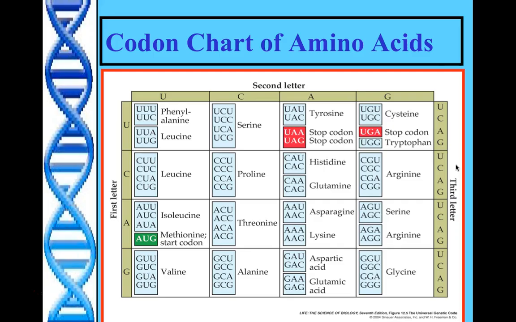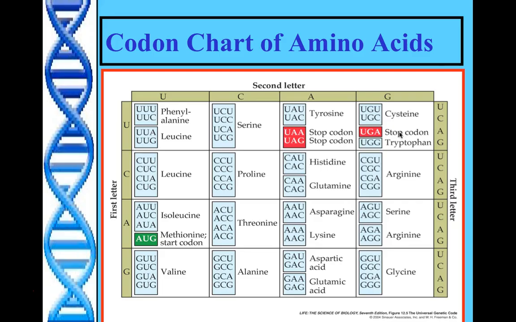We can almost think of this like you have a Spanish to English dictionary. You're taking the language of RNA and you're translating it into English. And these words here are English words, even though sometimes they don't look like it. These are the names of all the amino acids that can possibly be made.